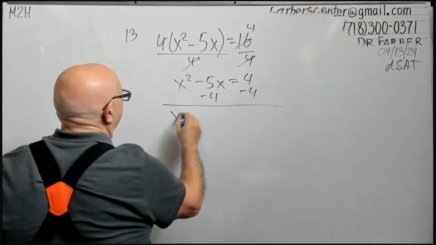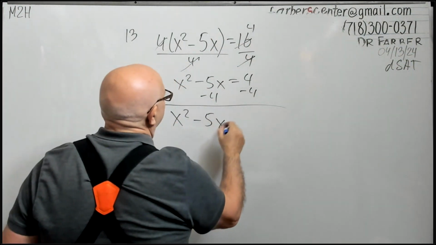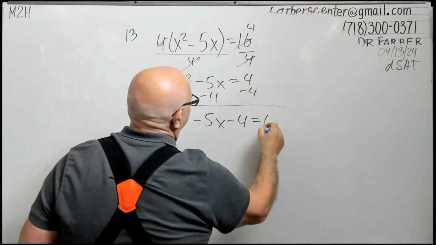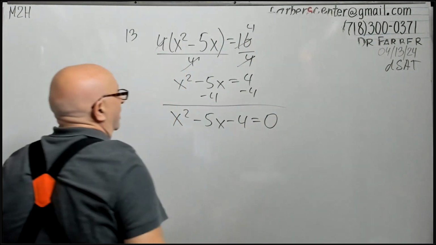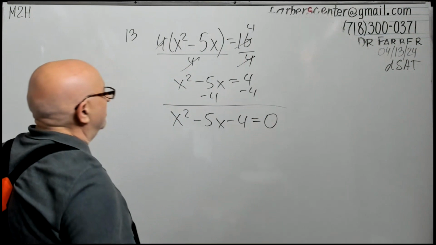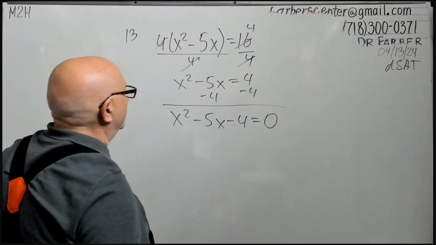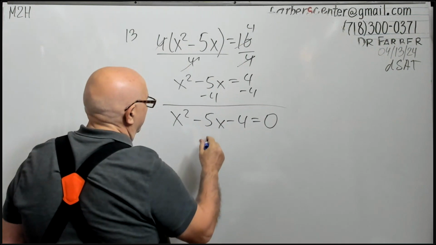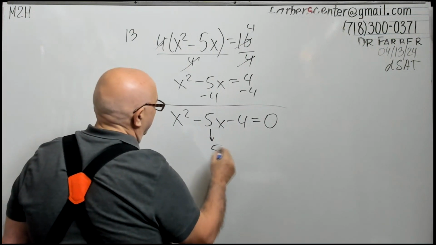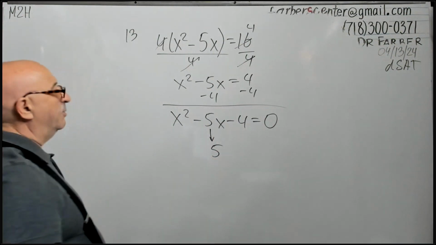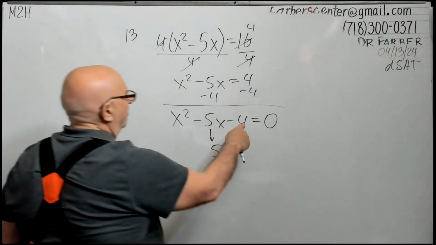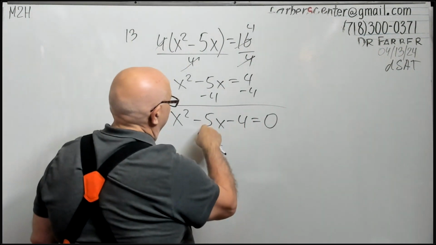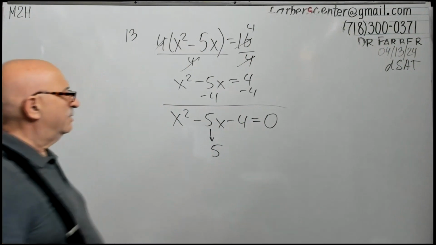You have x squared minus 5x minus 4. According to Vieta's theorem, the sum of the solutions equals the second coefficient with the opposite sign. The answer is 5. Remember, the product equals this guy, and the sum equals this one with the opposite sign.